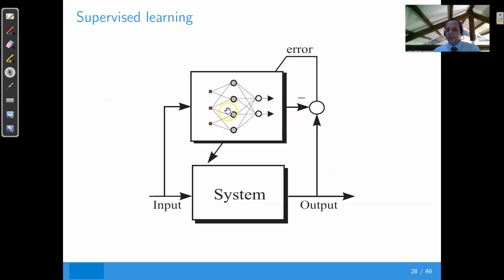So, and then we have this picture which represents a graphical representation of what we call supervised learning.